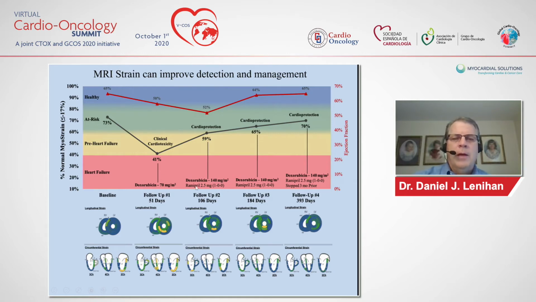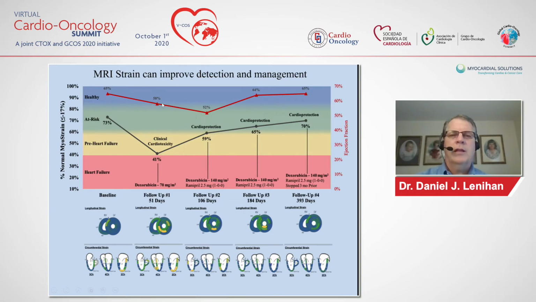And then the patient was given ramipril, which was an appropriate cardioprotective medication. And you can see the percent of normal segments improved. And over the course of time, with ramipril as a cardioprotectant, the patient was actually able to receive subsequent doses of doxorubicin with an actual improvement in their percent normal regional strain segments.